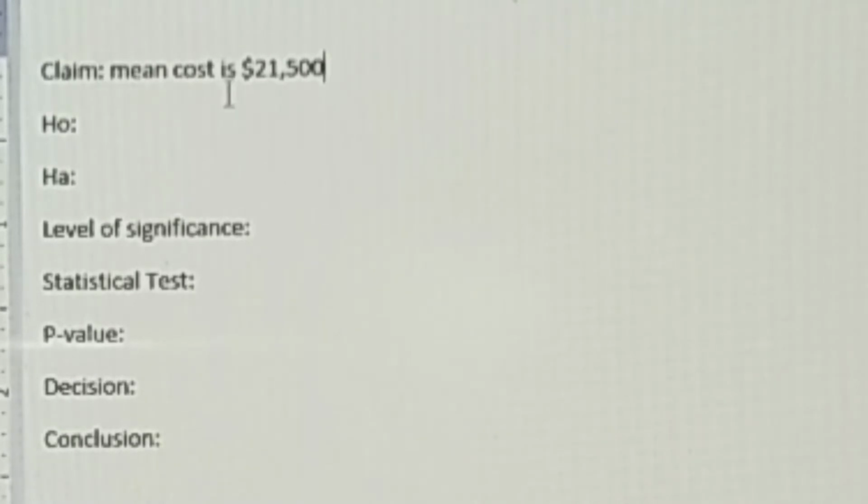And then for H0 and HA, what will they be? Here the claim is an equality statement, so the mean is $21,500. That means we write it in H0: mean cost is $21,500.